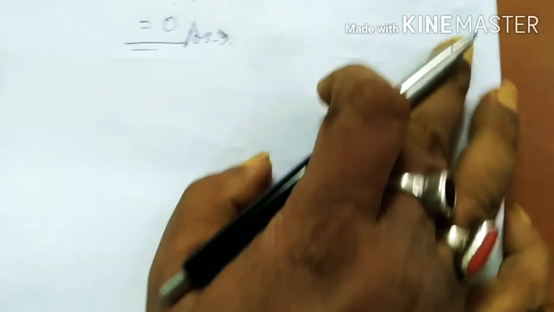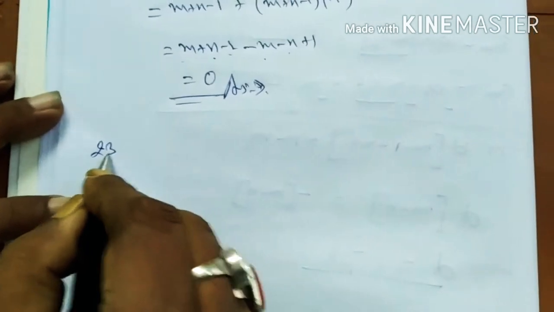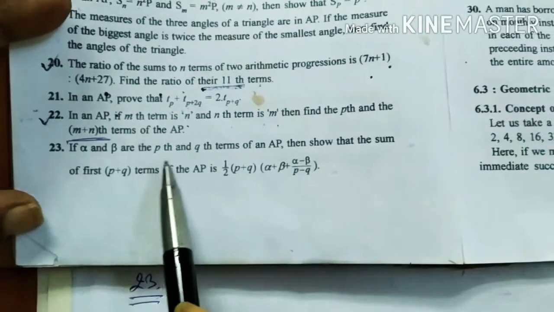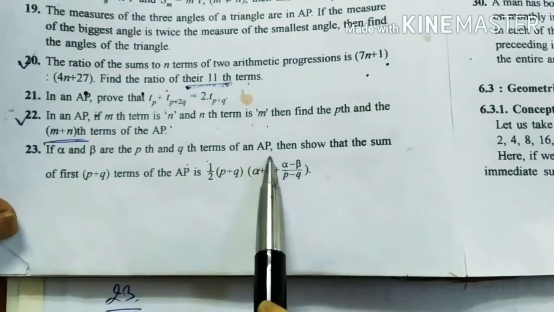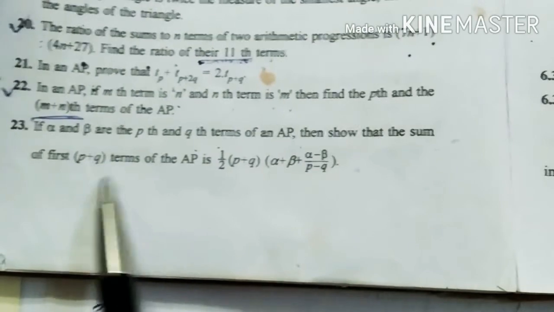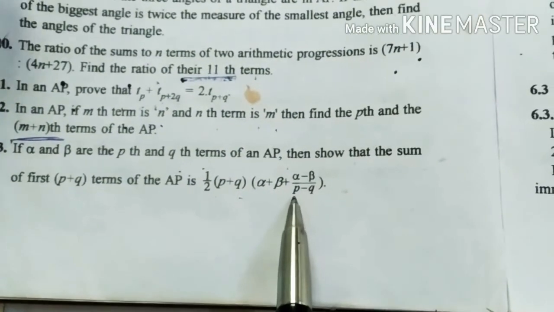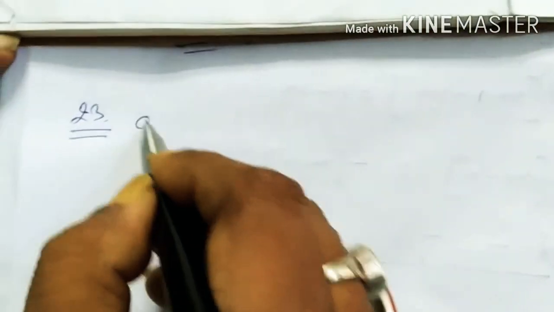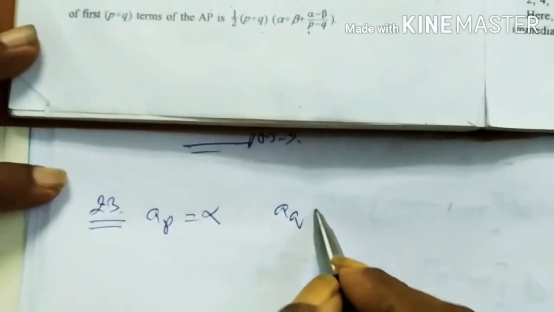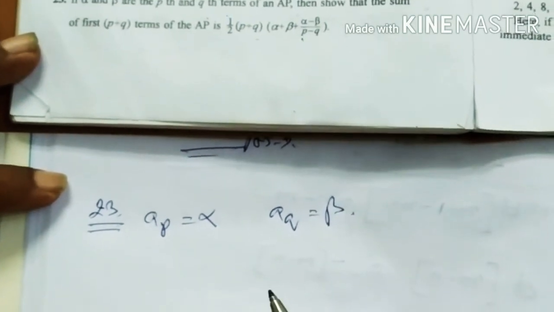Now I am going to question number 23. If alpha and beta are the pth and the qth term of an AP, then show that the sum of the first p plus qth term of an AP is this. As stated in the question, AP is alpha and AQ is beta.